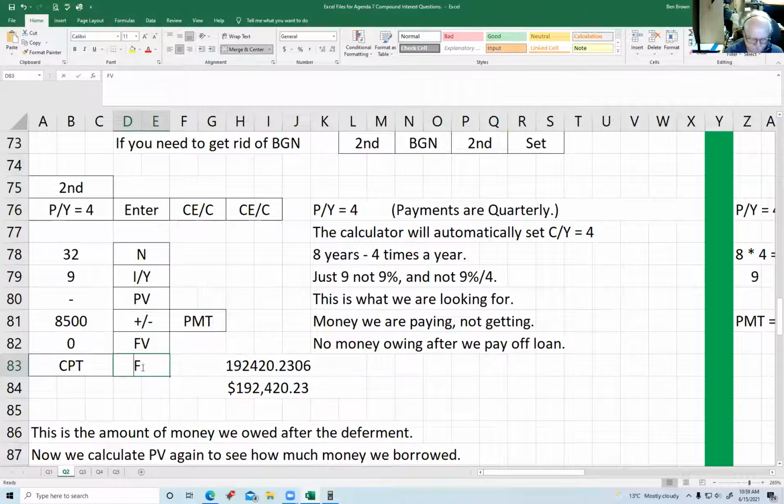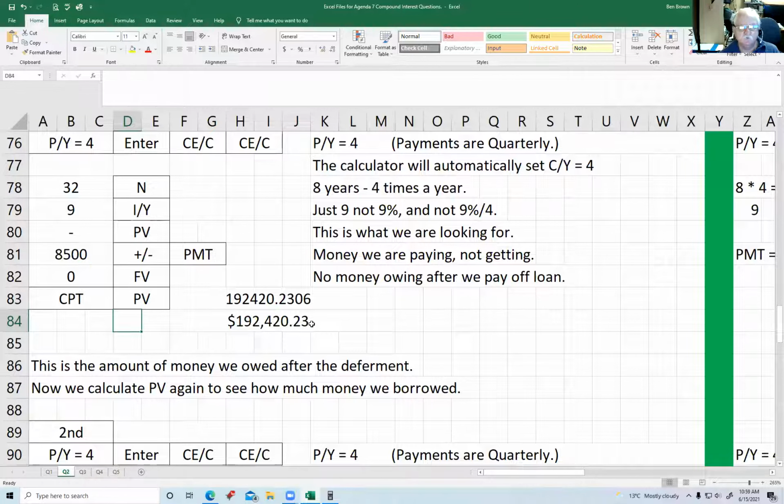And we should get the same answer we got using Excel. And so this is the amount of money they have to have, or that they will owe before they start paying it off after the 3 years deferment.